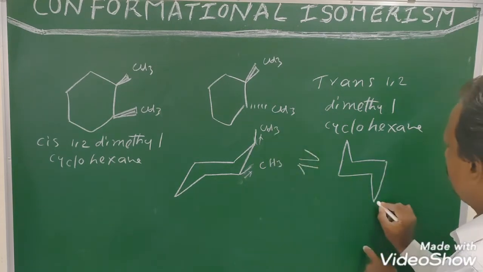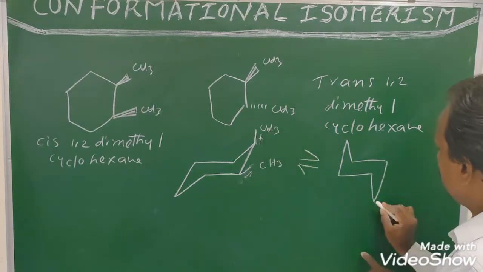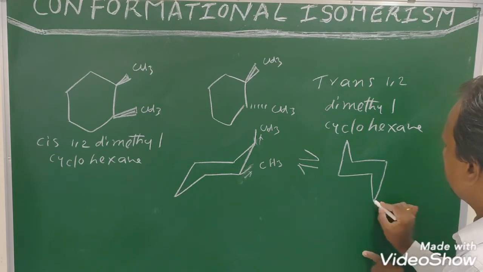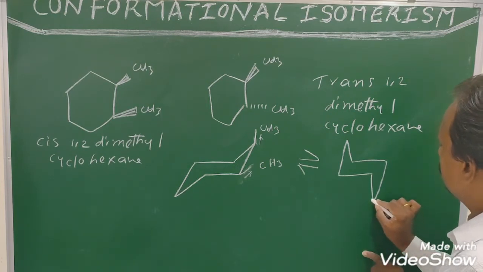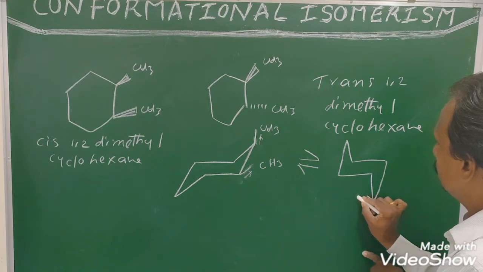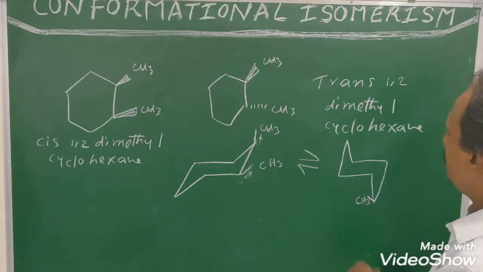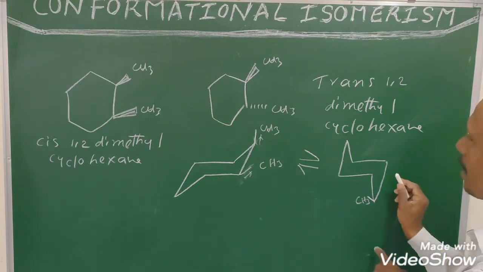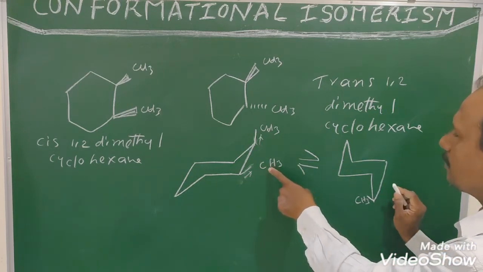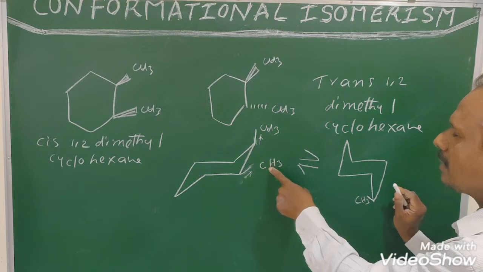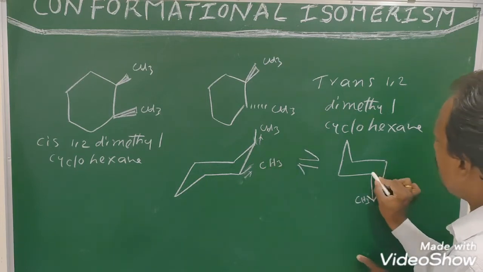The axial is converted to equatorial. Another methyl that is equatorial becomes axial.